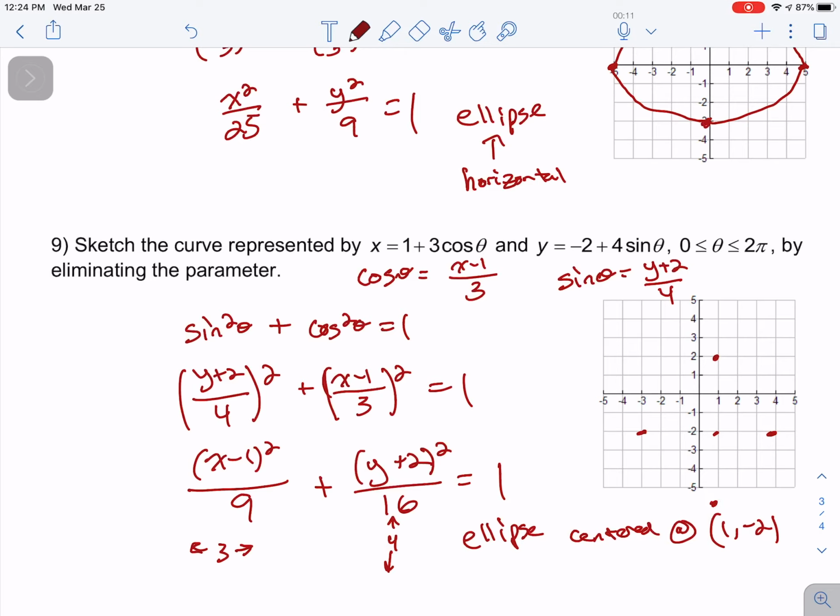It's off the paper. Deal with it. And here we go. I can't count. It should be right there, not right there. Okay, and there's our lovely ellipse.